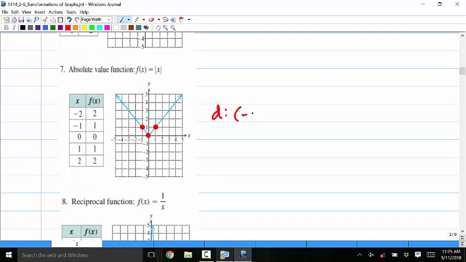Domain is all reals. Is the range all reals? No. Where does it start? 0. So the range is 0 to infinity. When you're doing it with your arms, it kind of looks like y equals x squared. But for y equals absolute value of x, your arms better be straight. It's a V.